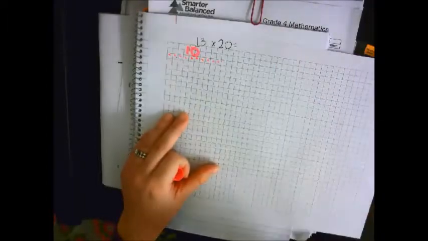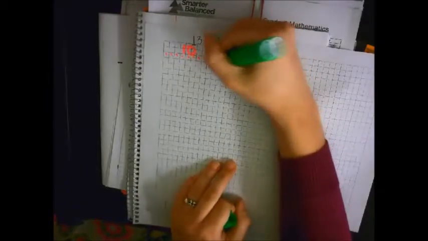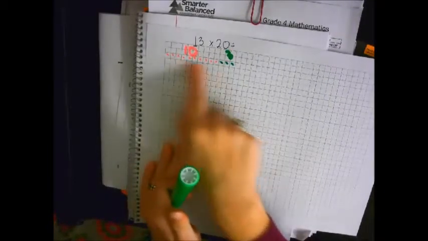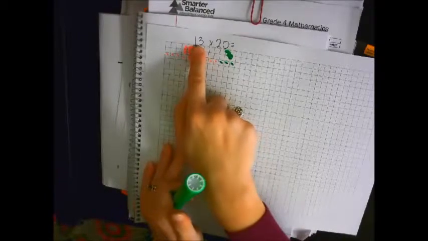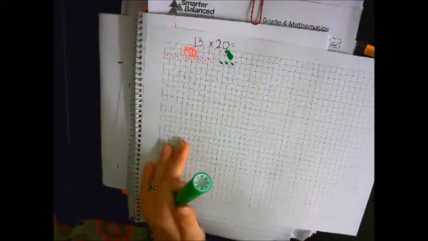So I have 10 shaded. Now I need to go back and do my 1s, so I have 3. 1, 2, 3 shaded. In total, I have 13 boxes shaded. And that's just me breaking apart 13 into a 10 and a 3.